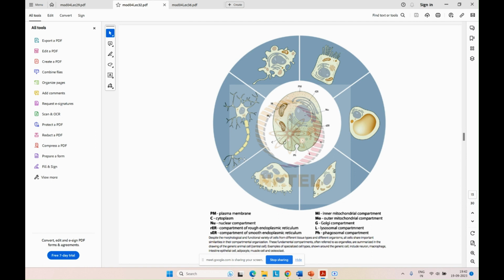So even in eukaryotic cells, if you're considering a single individual, say humans, there are different kinds of cells present inside one body, and these cells have specialized functions.